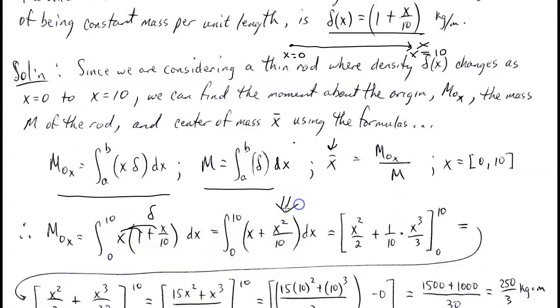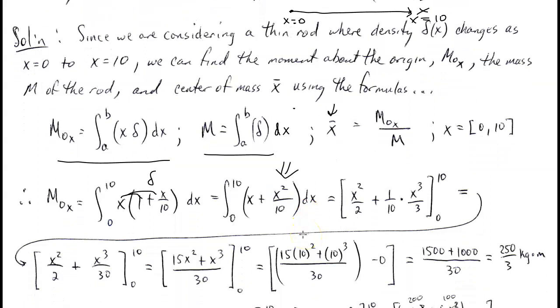And then from here, this looks like simple first year calculus, where we just take the antiderivative of both terms and use the net change theorem to figure out what our corresponding value would be. And so in looking at that, once we're here, we take the antiderivative, clean things up a little bit more. And then after that, we plug in 10 everywhere for x, minus plug in 0 everywhere for x. And then we see that we end up getting 250 divided by 3 kilogram meters.